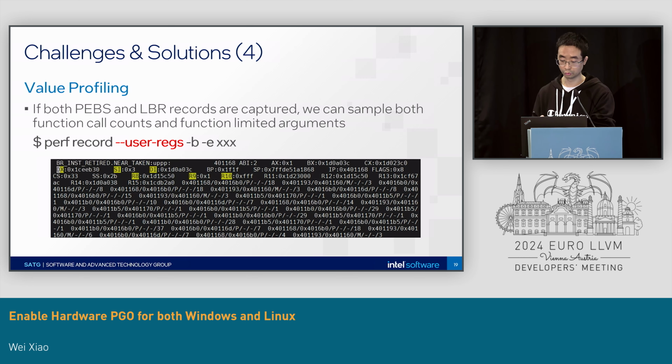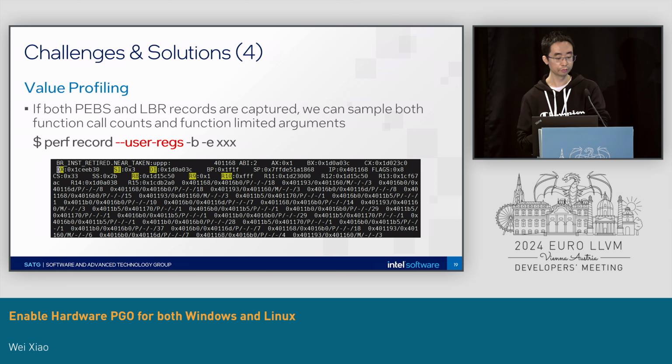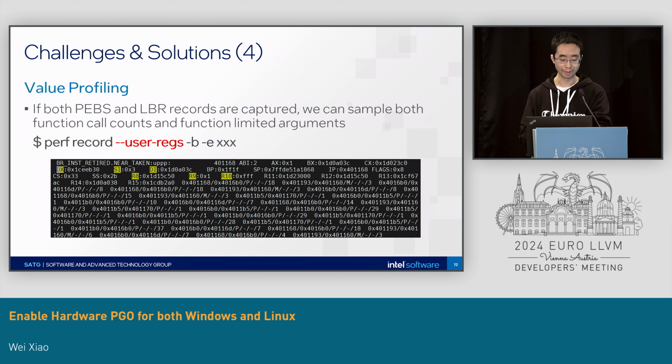It can collect all the general purpose register values. As you know, on x86, we use EDI to pass the first parameter value, ESI for the second one. So we should be able to catch a limited number of argument values with our hardware PGO.